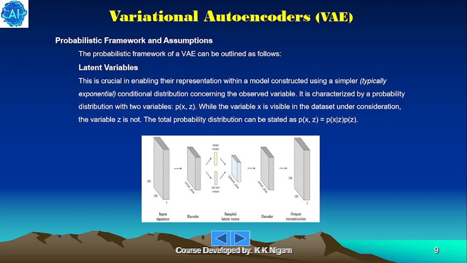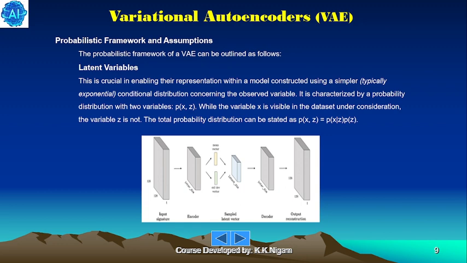Probabilistic framework and assumptions. The probabilistic framework of a VAE can be outlined as follows. Latent variables are crucial, enabling their representation within a model constructed using a simpler, typically exponential, conditional distribution concerning the observed variable.